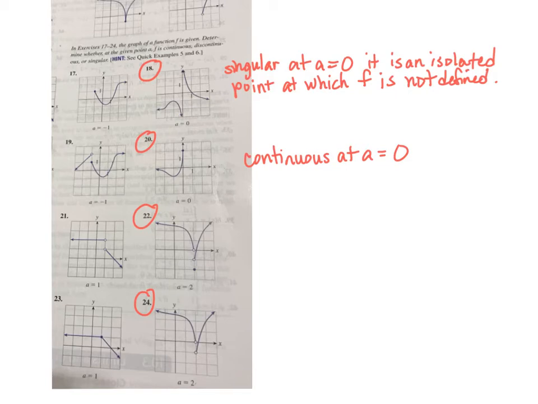Okay, so 22. 22 is a little bit more interesting. We look at this graph, we get here, there's an open circle, then it goes here and has an open circle, and then it goes down here, it's a closed circle, and then it goes up. Okay, so we examine this function. We want to find out what's happening at a equals 2, which is right here.